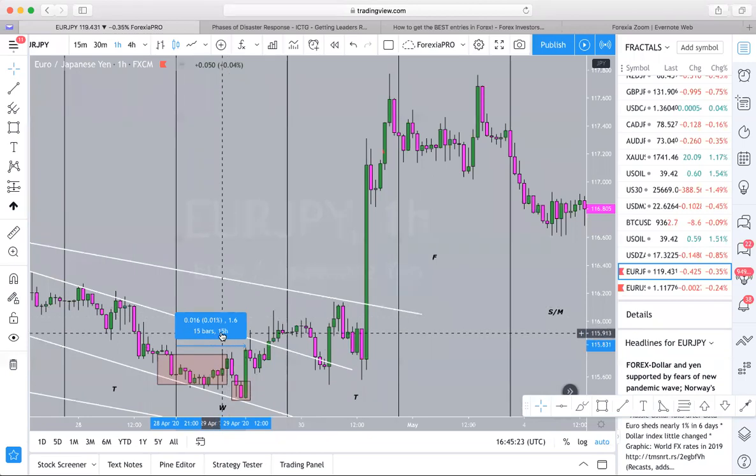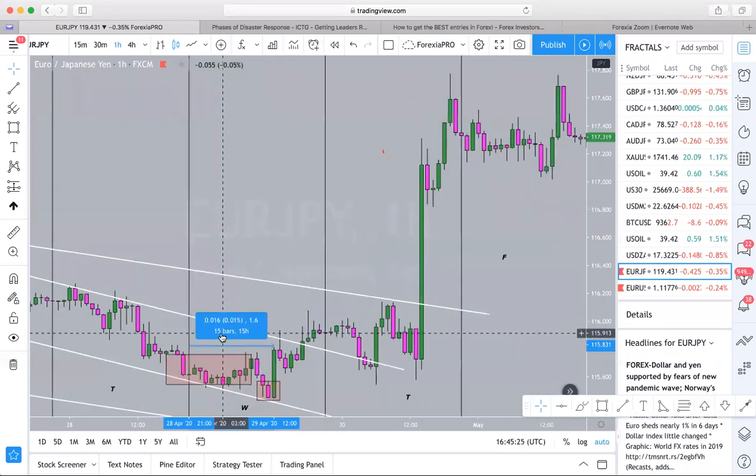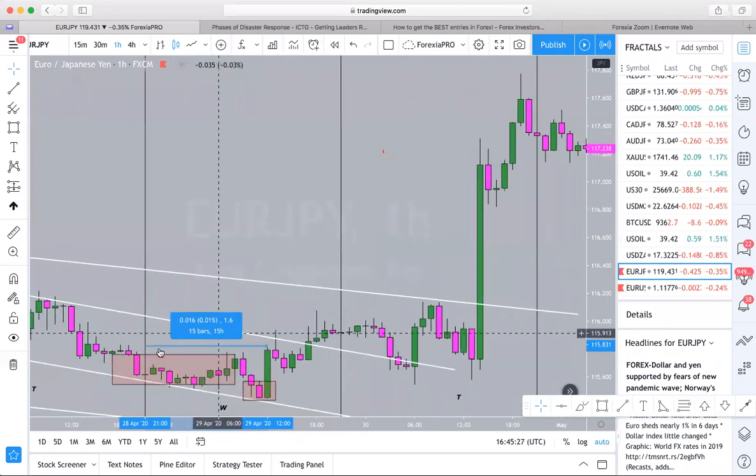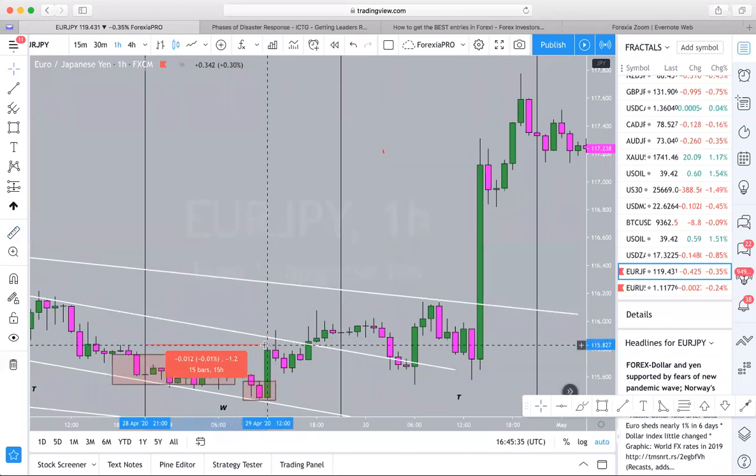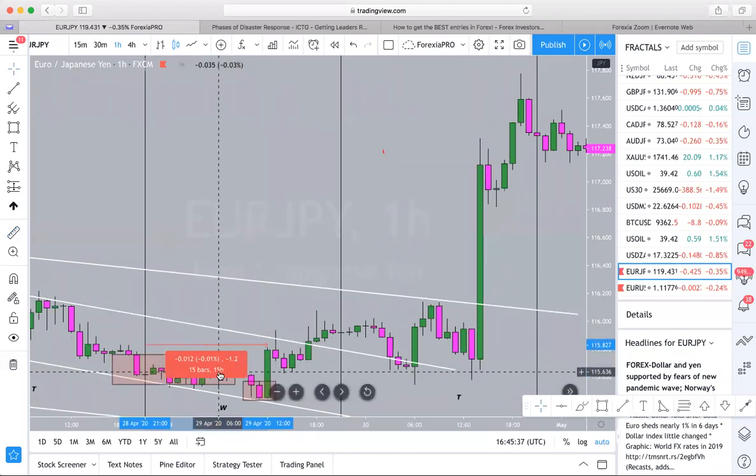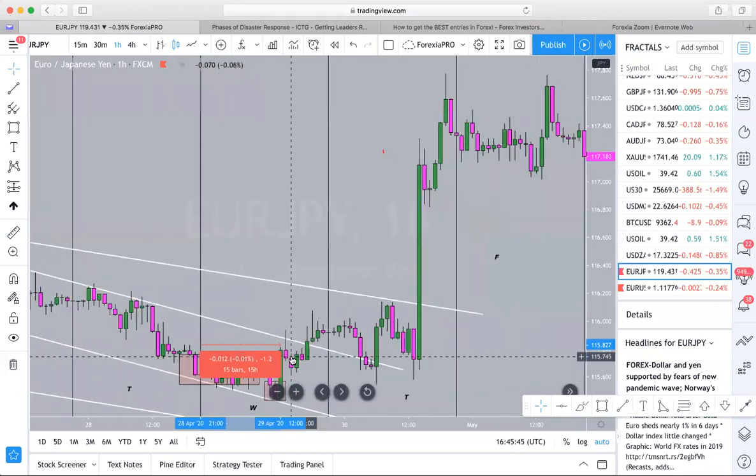So this happens exactly 15 hours after this black line here. We take our measurement tool and draw 15 hours out, and this candlestick is created exactly at the opening of New York session. What do you know?